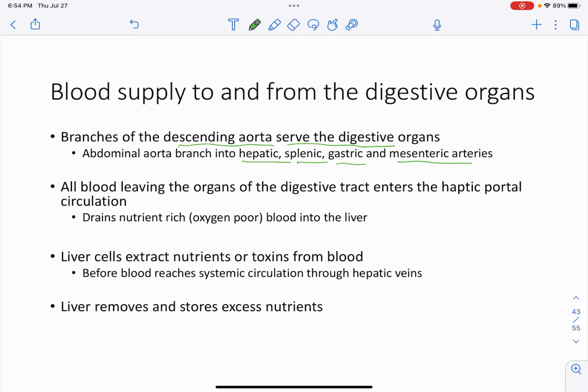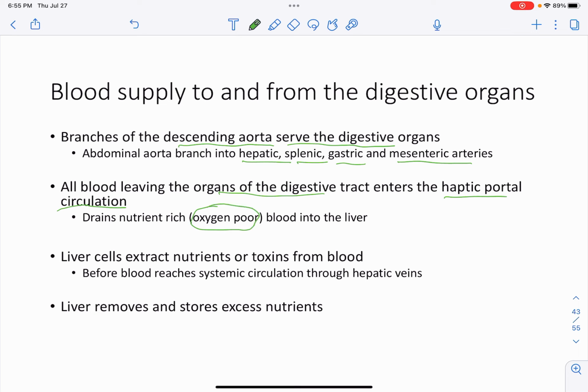All the blood that is leaving the organs of the digestive tract is going to enter the hepatic portal circulation, okay? So we need to pick up all the nutrients that we've just digested, and the liver is going to store it. So what essentially is happening is that the venous blood, as the blood is drained from the digestive organs, as I've told you many times, the venous blood is oxygen poor.